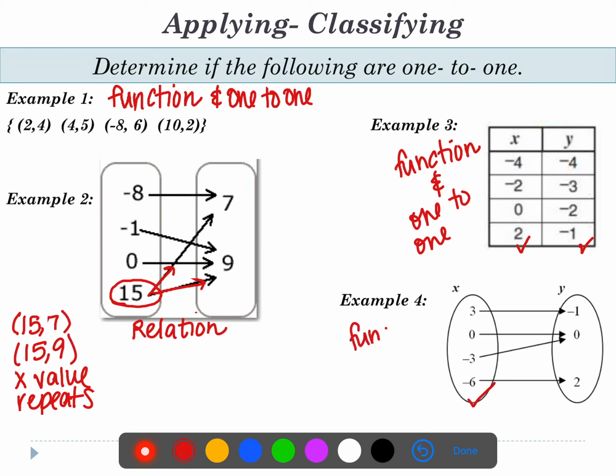So in 4, this is a function because all of my x values are different, but when I look at my y's, there are 2 arrows pointing to 0. That means 0, 0 is an ordered pair, and -3, 0. So that means that y value repeats, so it cannot be one-to-one. So this is a function only.